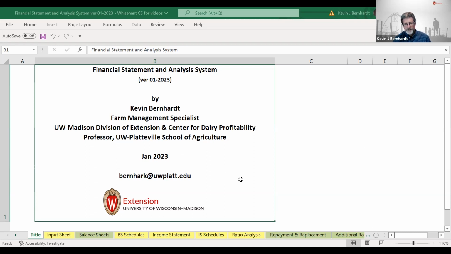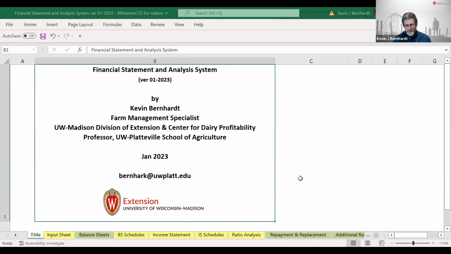Once those financial statements are calculated, other tabs will automatically calculate and organize financial ratios for analysis purposes. In addition to that, there's a few other tabs that allow other kinds of analyses, including cost of production, depreciation schedules, and also some leasing analysis.